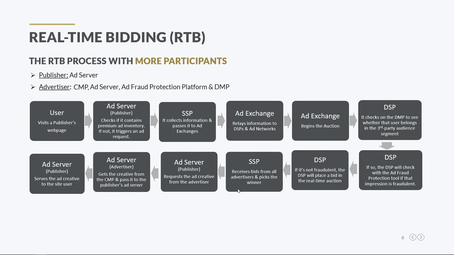If it wins the auction, the publisher's ad server will request the advertiser's ad creative. Next, the advertiser's ad server will get the ad creative from his creative management platform and pass it to the publisher's ad server, which will then show it on the publisher page. Even though more participants were involved in this example, the entire process still takes 100 milliseconds to complete.